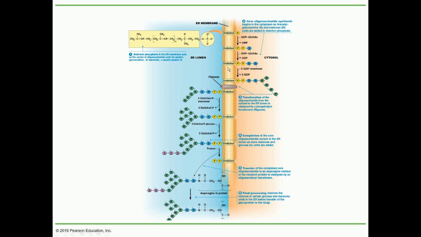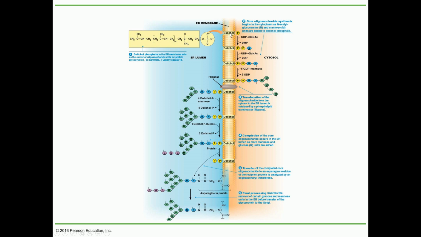So first of all, let's go step by step. This is a very important slide to understand. You can see here this is the ER membrane, this is the ER lumen, and this is the cytosol, the cytoplasmic side. Now there is one lipid embedded in the ER membrane.